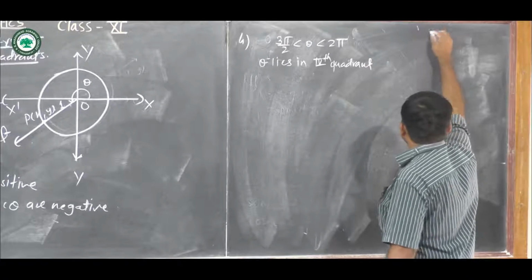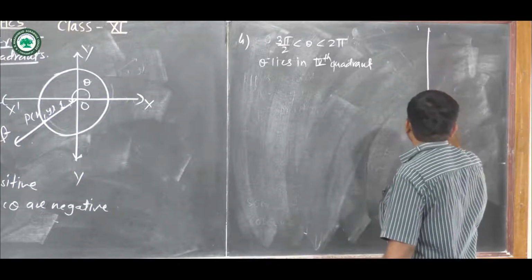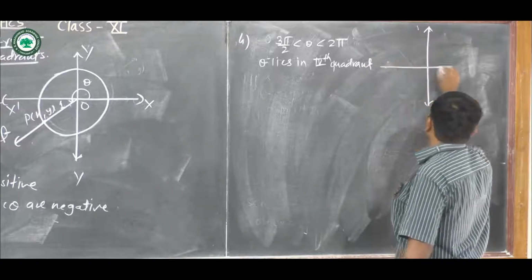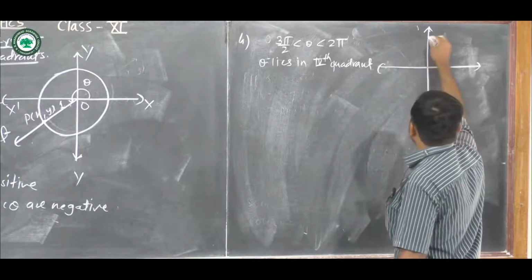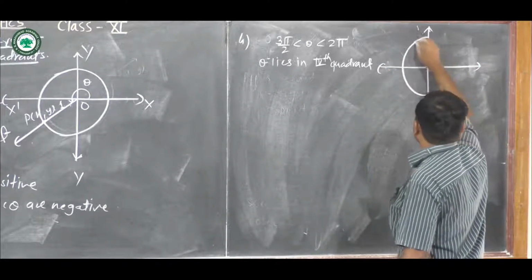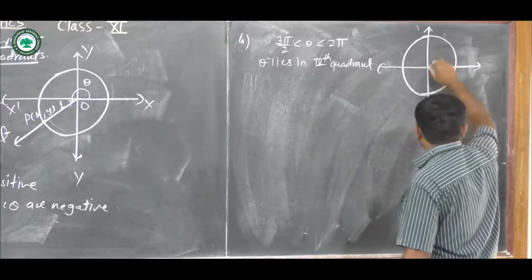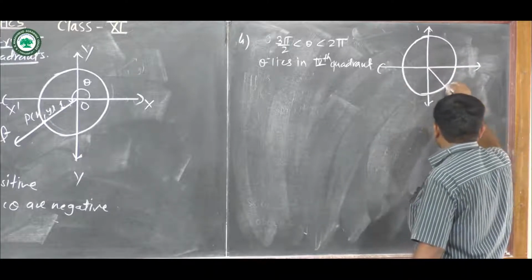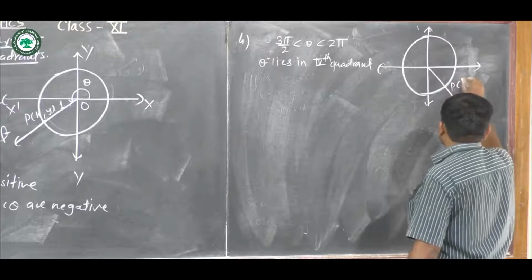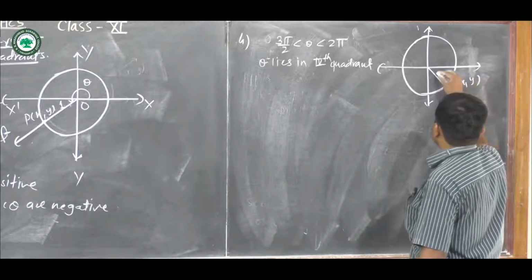If you draw the figure, your point P x comma y lies in fourth quadrant.